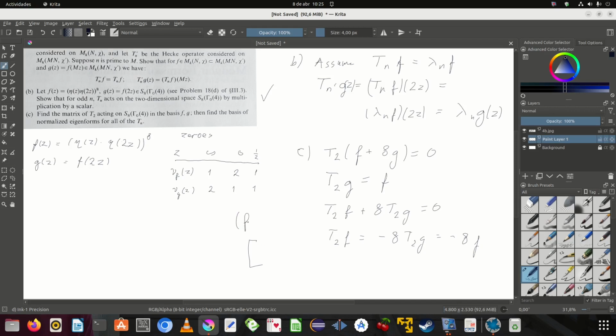So the basis is f, g. And f maps to minus 8f plus naught times g, and T2 of g equals f. So that's the matrix.